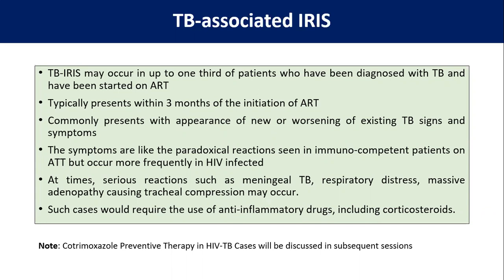At times, serious reactions such as meningeal TB, respiratory distress, massive adenopathy causing tracheal compression may also occur. So such cases require the use of anti-inflammatory drugs, including corticosteroid, that we already discussed. Particularly in case of TBM, we should have a low threshold to use corticosteroid in case of IRIS.